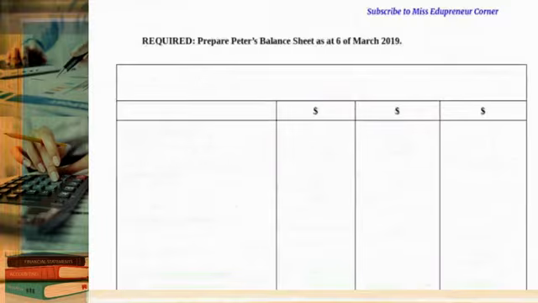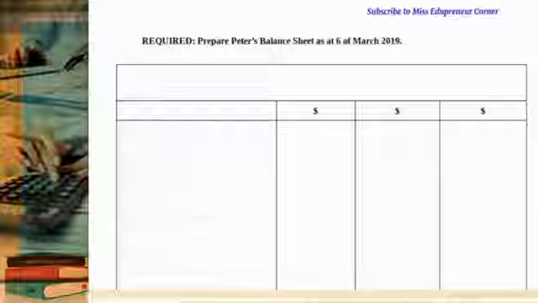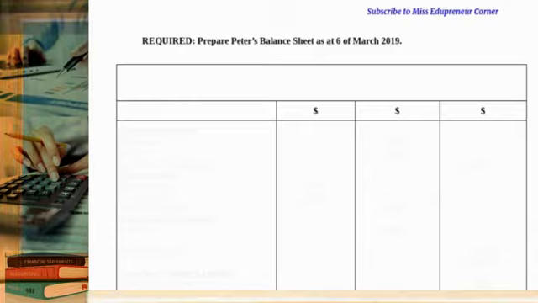Whose balance sheet is it? What are you preparing? So it's either a statement of financial position or a balance sheet. And it should also answer when. So when are you preparing it? As at the 6th of March 2019.